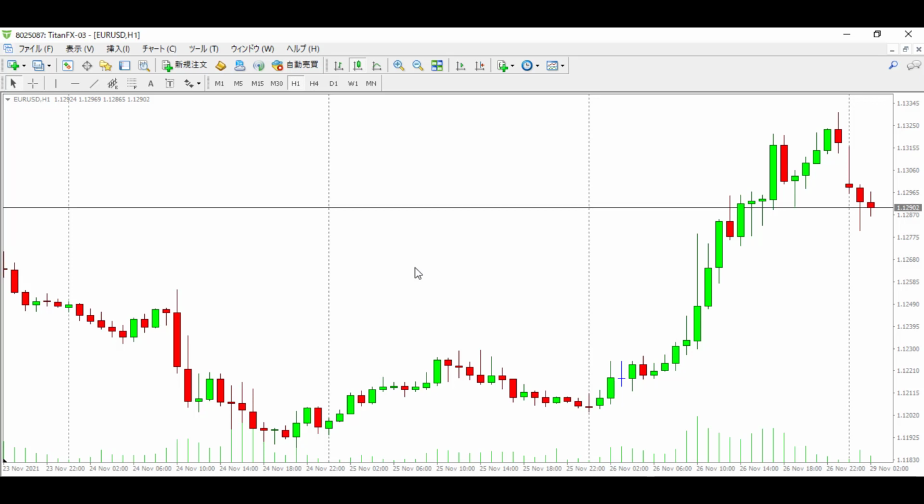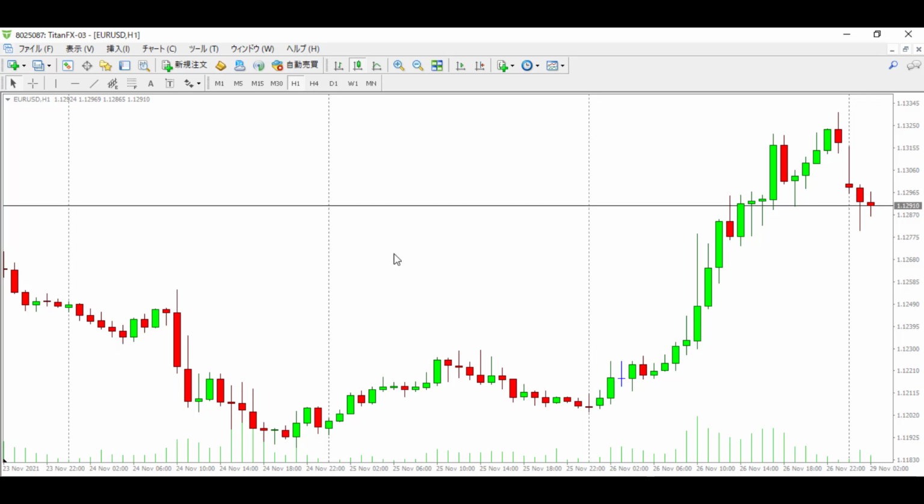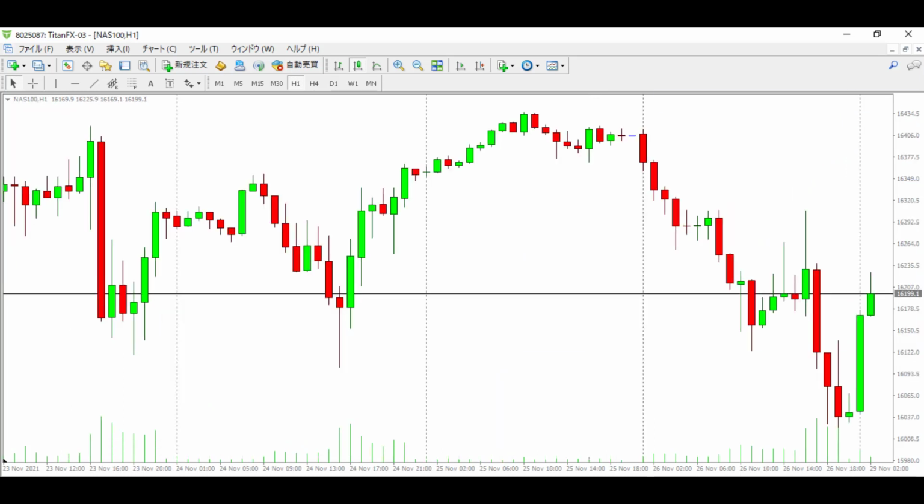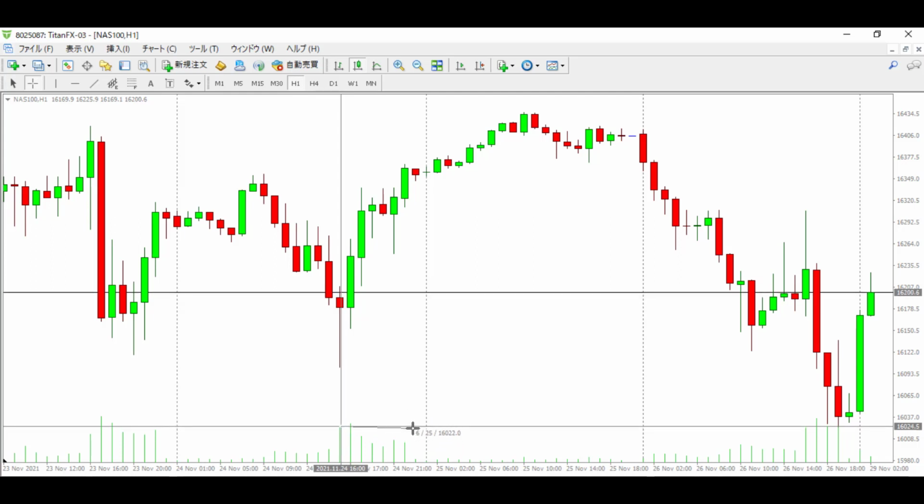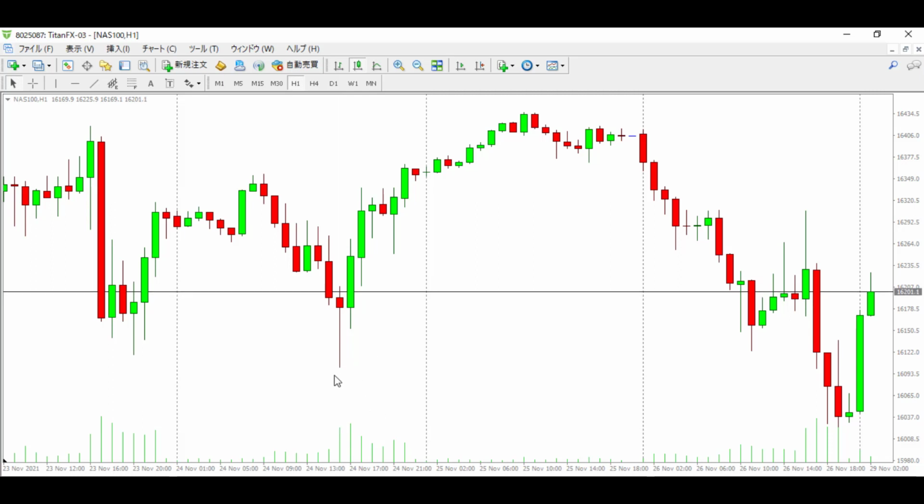I mean from London time to American time, the volume increases. So use the 1 hour chart. Stocks are also the same: the volume increases at a specific time. This is the Nasdaq 1 hour chart, and the volume increases in a specific time zone, American time. So watch the 1 hour chart. This is basic and very important.